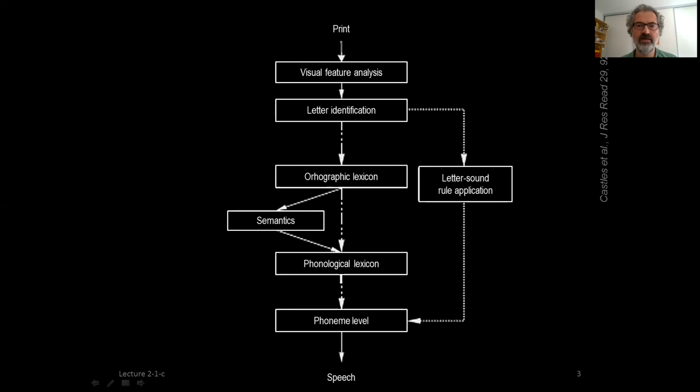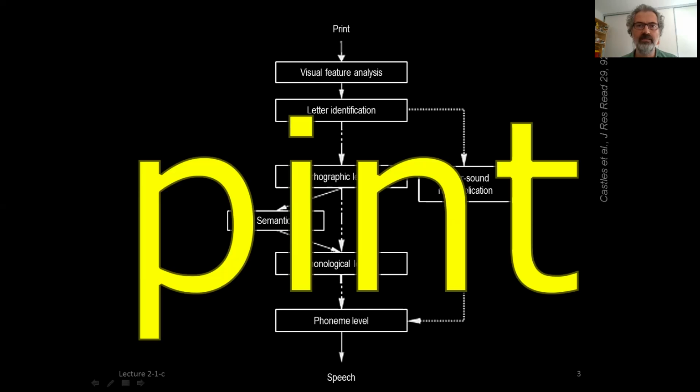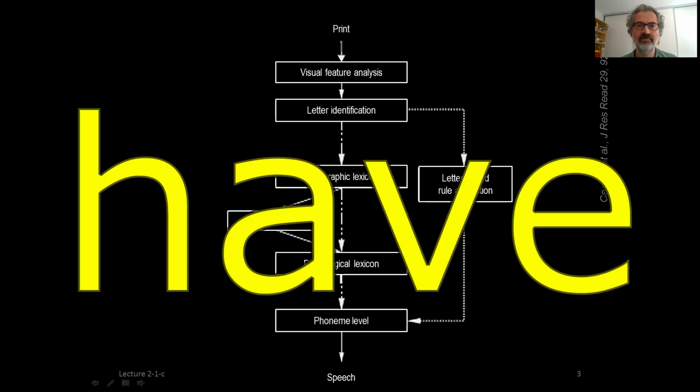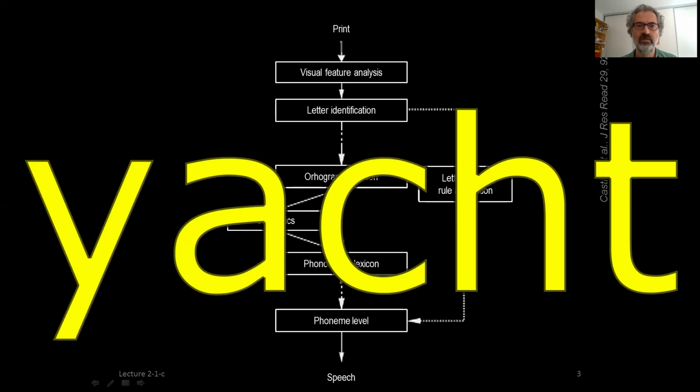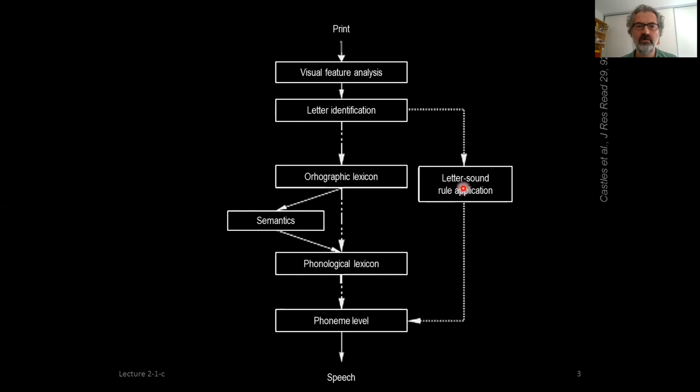So if you look at an irregular word like pint or have or yacht, then the application of grapheme to phoneme conversion rules will produce an incorrect result. So the only way to pronounce those words correctly, and many others in English, is to know the word and directly activate the correct pronunciation.